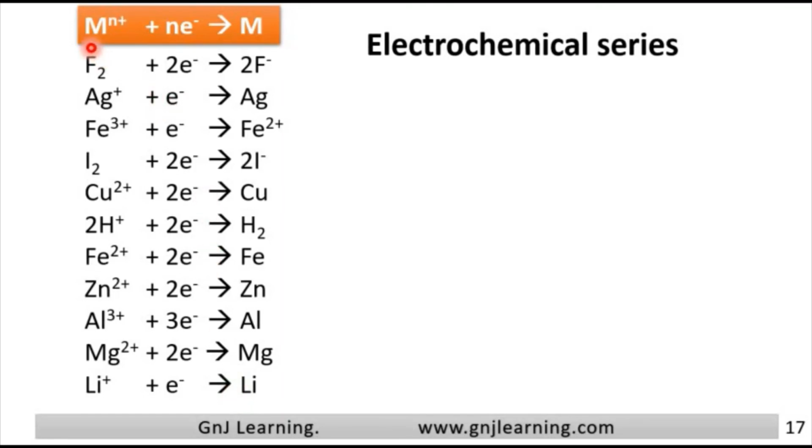To generalize, we can say that the oxidized form, upon receiving a sufficient number of electrons, will get reduced to M. So this is the reduction reaction, and the list given here represents various half cells, not all but some. I have selectively taken some to create a table. If I wanted to put everything, one or two slides would not be enough, so I have selectively put a few half cells here, and arranged them so that as you go up, their electrode potential increases.